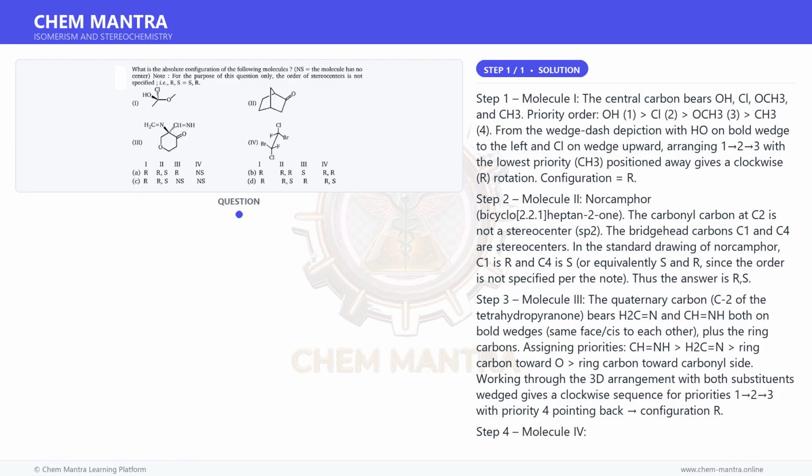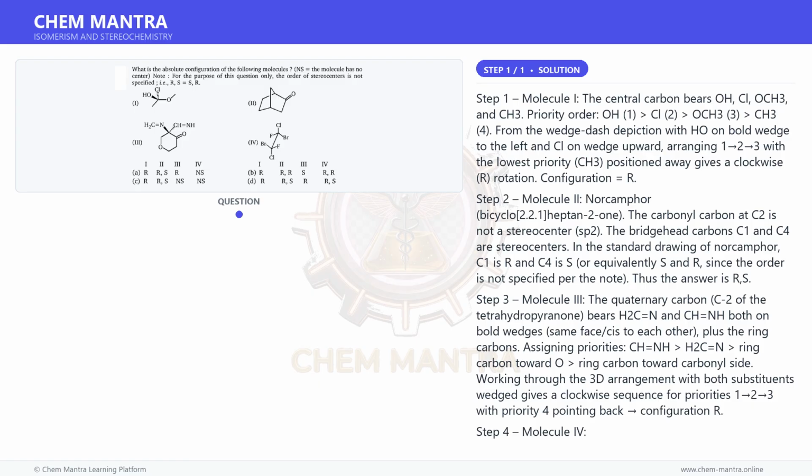Step 3. Molecule 3. The quaternary carbon, C2 of the tetrahydropyranone, bears H2C=N and CH=NH, both on bold wedges, same phase cis to each other, plus the ring carbons. Assigning priorities: CH=NH, H2C=N, ring carbon toward O, ring carbon toward the carbonyl side.